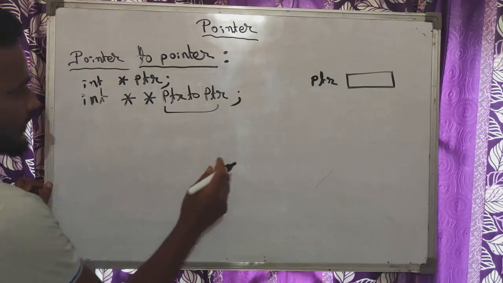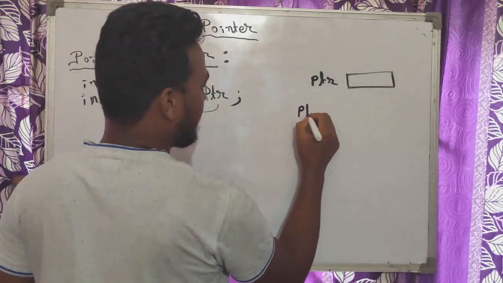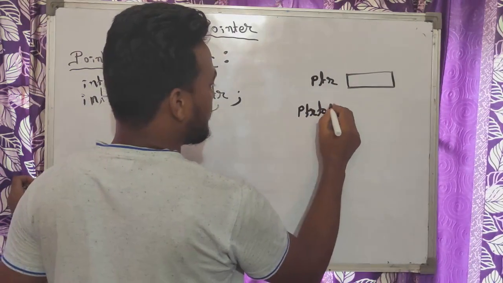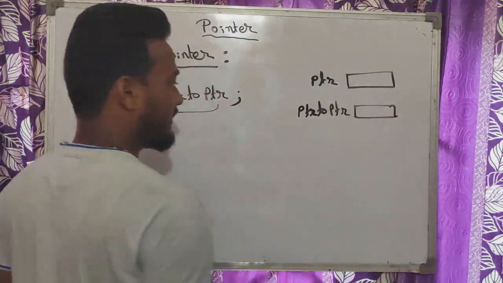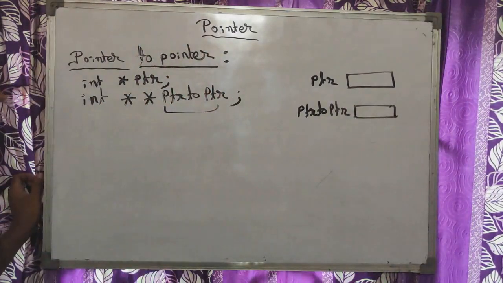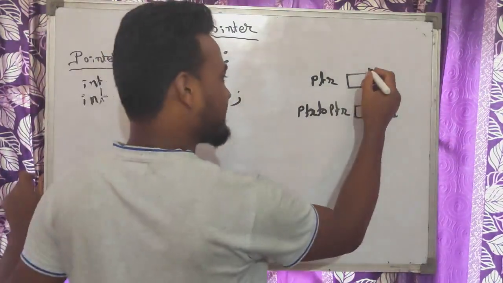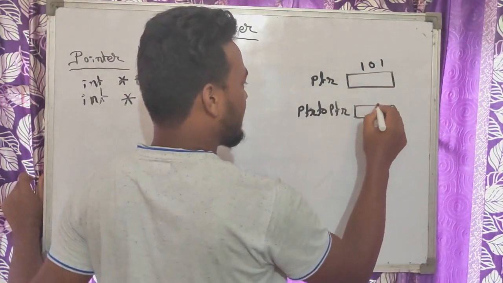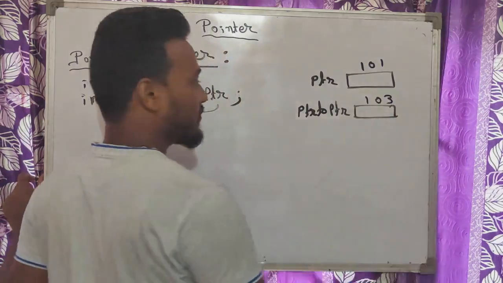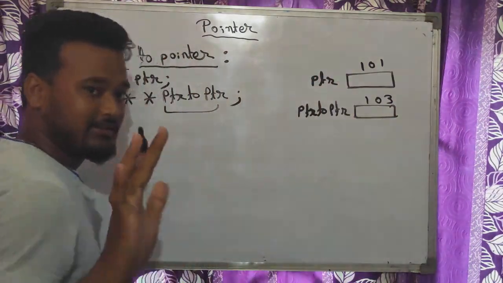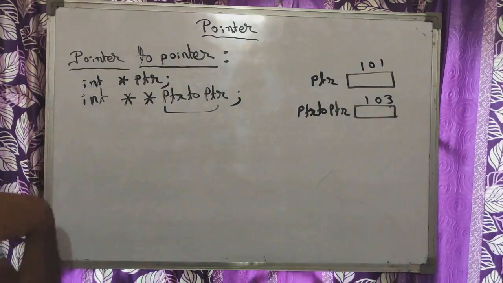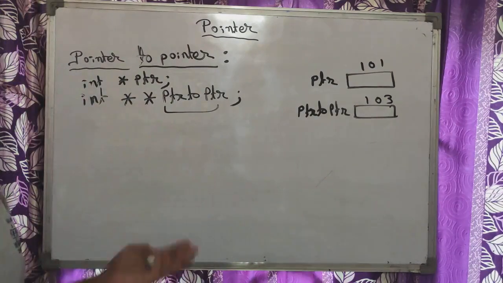And when we declare this one, ptr to ptr, there is no value assigned till now. Suppose its memory address is 101 and this one's is 103. I'm assuming, and again I'm telling you, these are not proper memory addresses. I'm just taking values so that I can explain how it works.